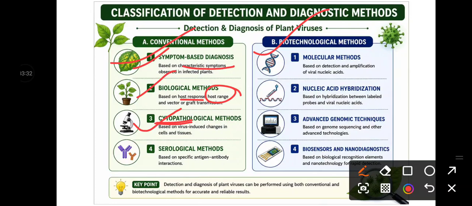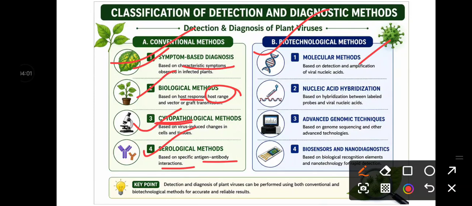If pinwheel-type structures are present in a plant sample, then we can definitely say it was infected by a virus. Next, the serological methods, which are based on antigen-antibody interaction. Next, about the biotechnological methods: these include the molecular methods, where the nucleic acid is detected using PCR-based methods or loop-mediated isothermal amplification.